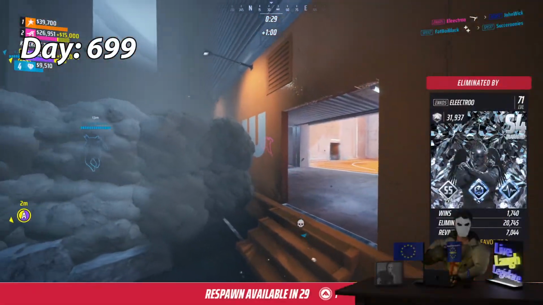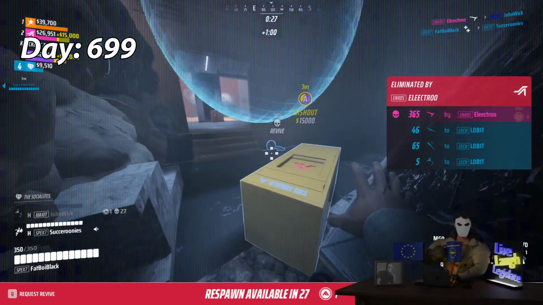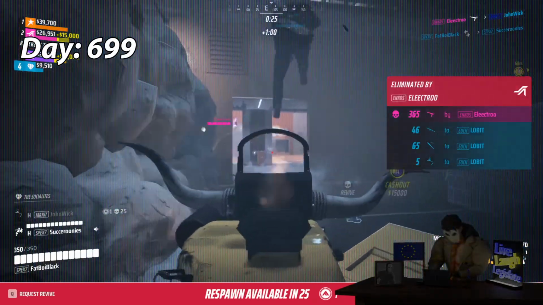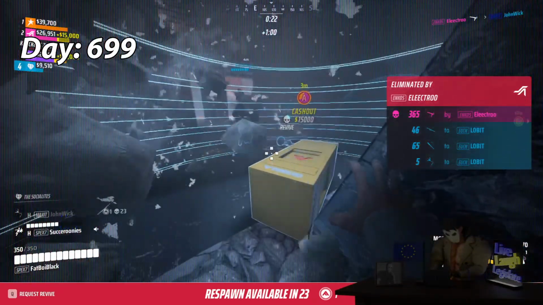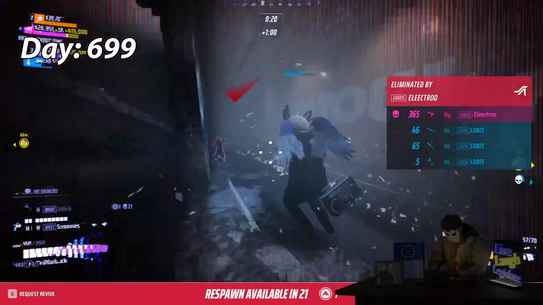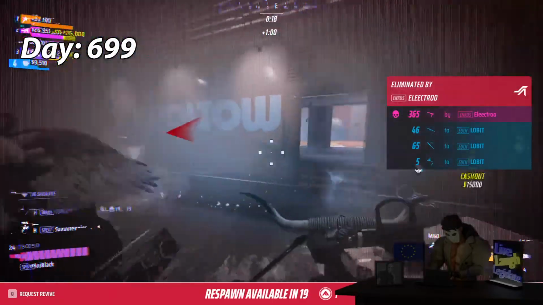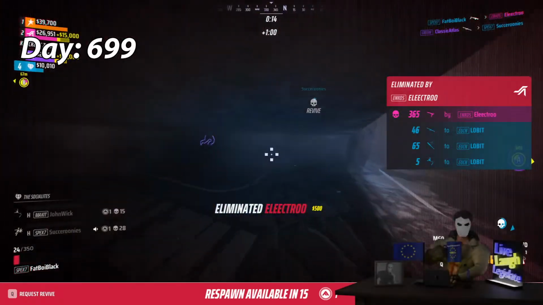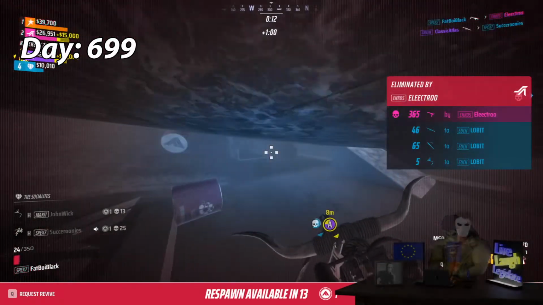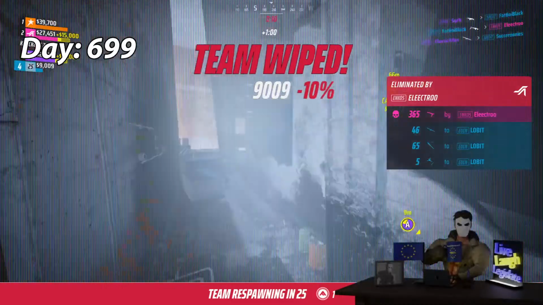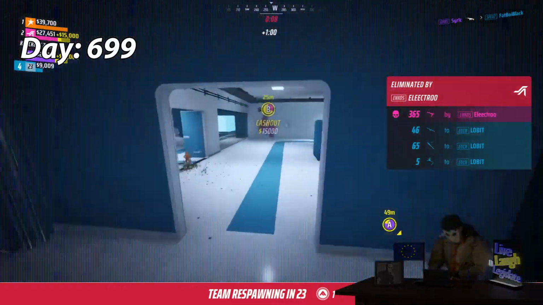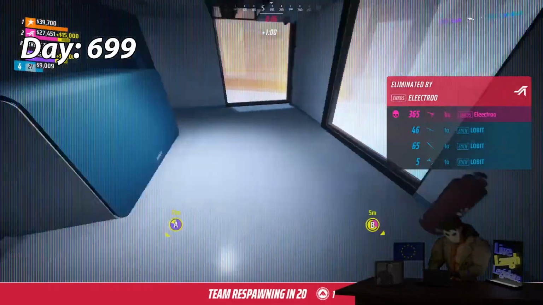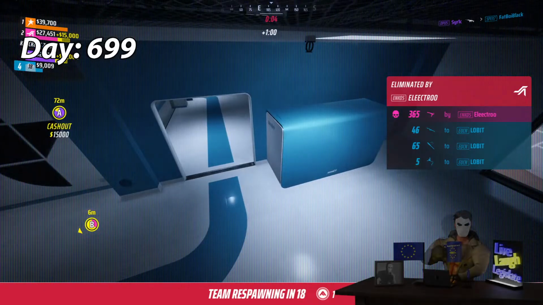Fudge! Almost. Couldn't have gone the other way. The pink are here. Why are the pink here? Why aren't they defending their own thing?